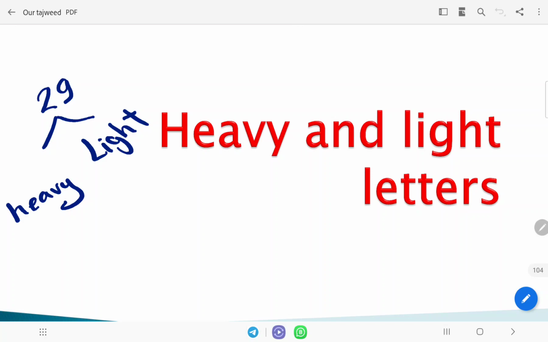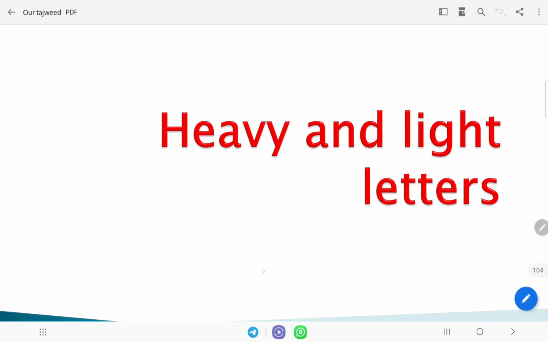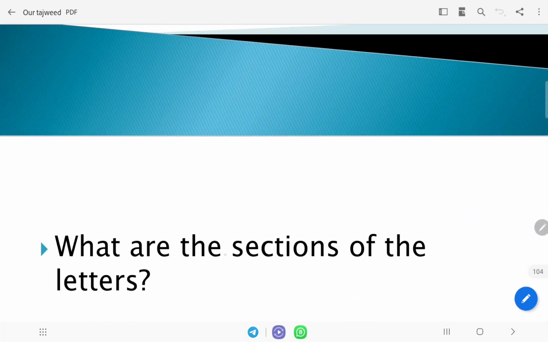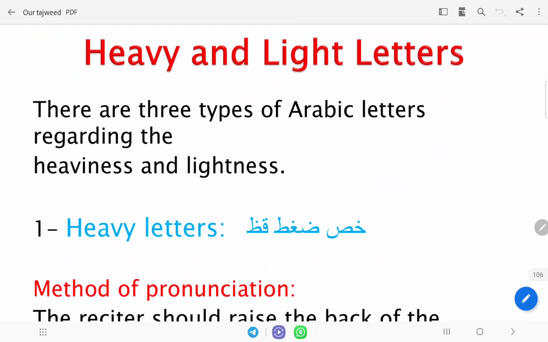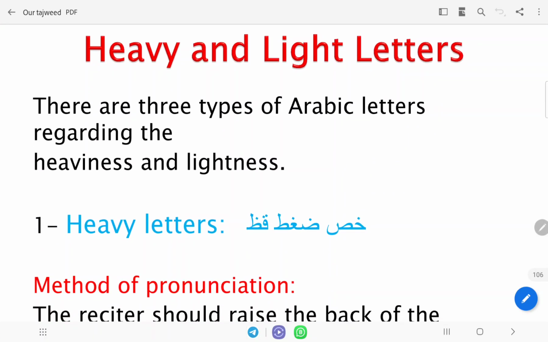And there are some letters which are sometimes heavy and sometimes light. Let's explain more about these letters.